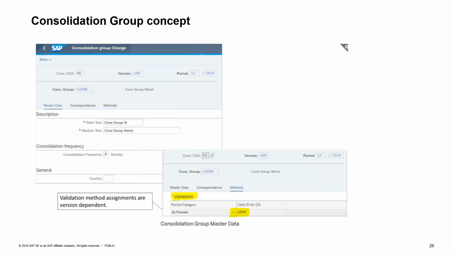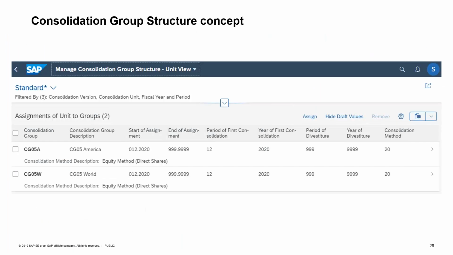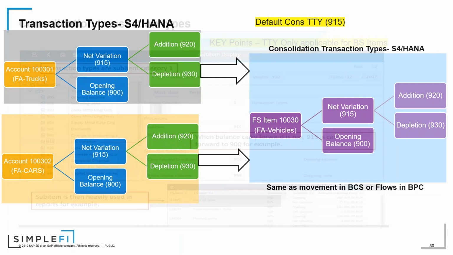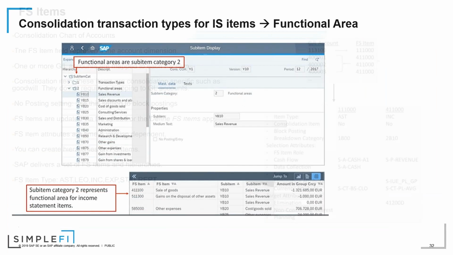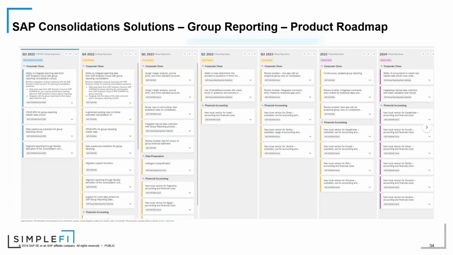I'm going to go quickly through the rest of this, because it's more of a deeper dive into group reporting, and I think a lot of people came for the integration piece. So real quick, let's talk about the latest product roadmap. One of the biggest enhancements is the ability to integrate planning data from SAC back to group reporting.